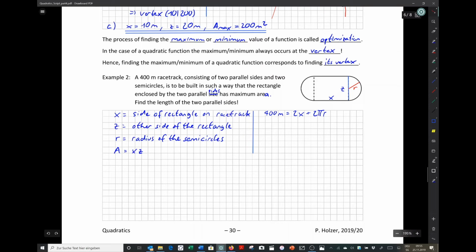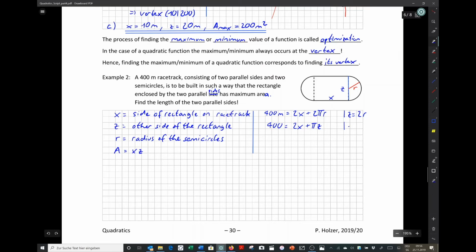plus 2 times the semicircles. Well, this makes just one circle with radius r, so the circumference of a circle with radius r is 2 pi r. z is obviously 2r, so let's use that to rewrite that as 400 equals 2x plus pi times z.